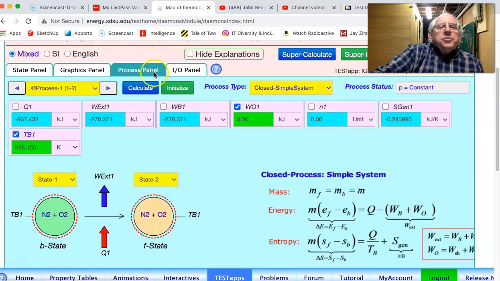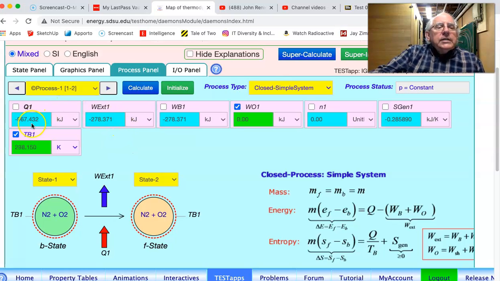We did have the process panel here, and when we do the calculate, in going from this state to this state, two things are occurring. There is work being done on the system, because the boundaries have gotten smaller, so we have this negative work being done on the system, but at the same time we are taking out of the system 967 kilojoules.